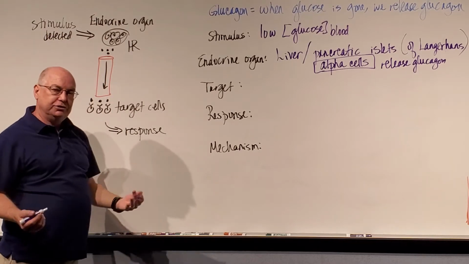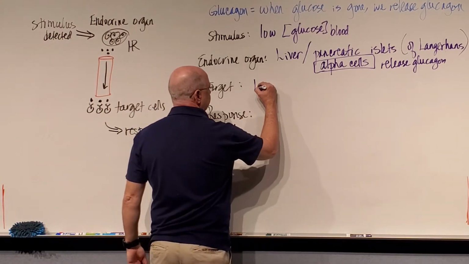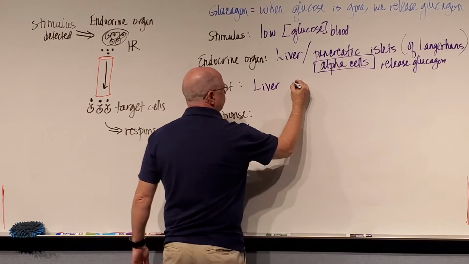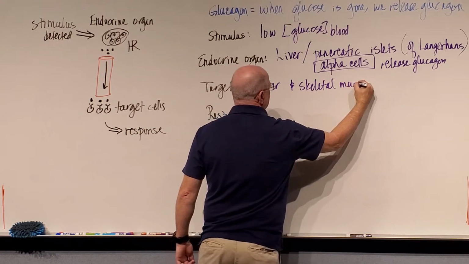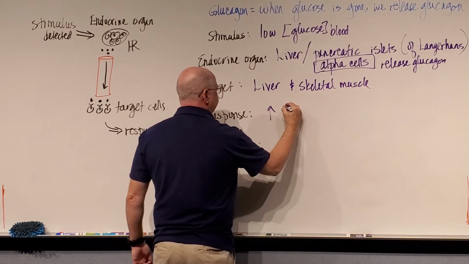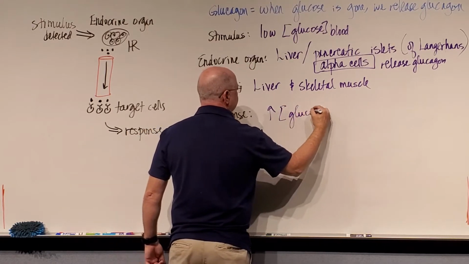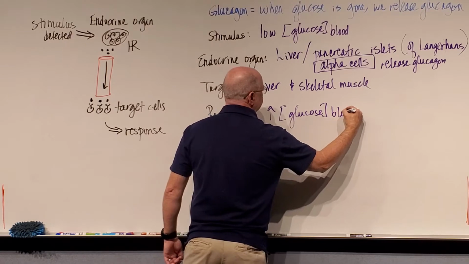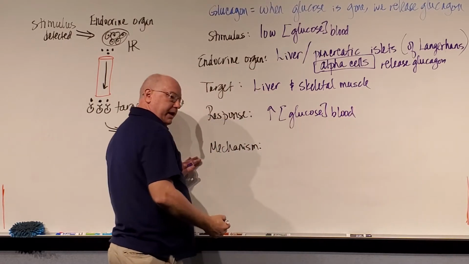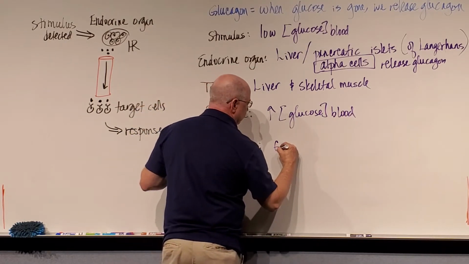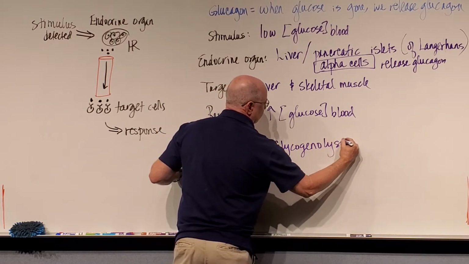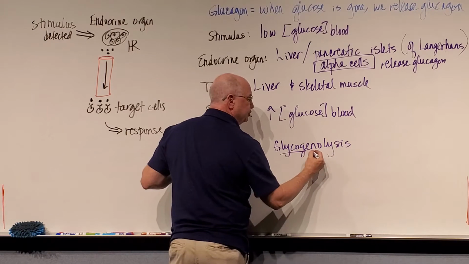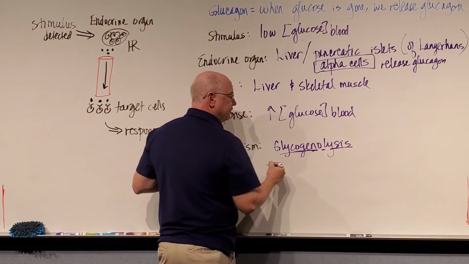Glucagon is going to target, guess what? Liver and skeletal muscle. It's going to raise the concentration of glucose in our blood. And it does so by glycogenolysis, the lysis of glycogen.